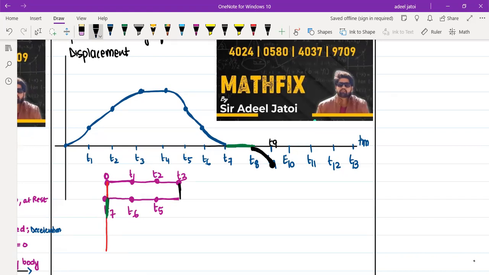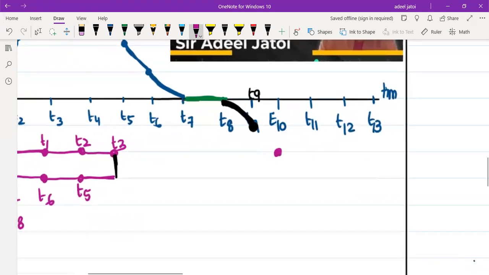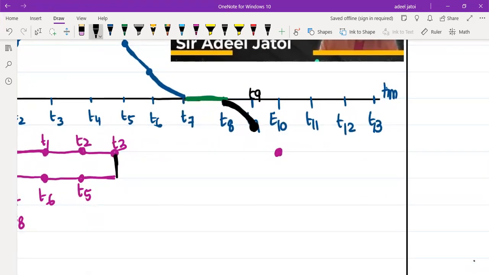So here, if I just draw the same thing, this will go towards the left because T8 is here. So this becomes T9. Now, similarly, we can have from T9 to T10 uniform velocity. This shows me the uniform velocity, straight line.